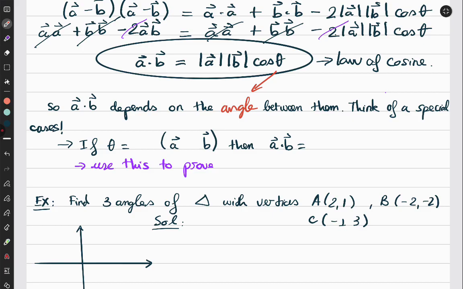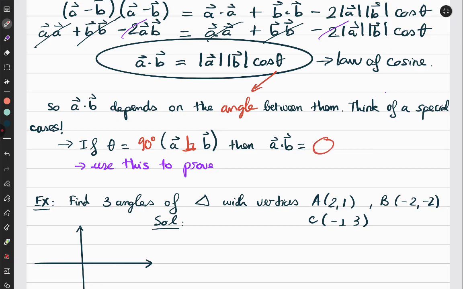If they form a right angle, what happens? Theta is 90, cosine of 90 is 0. They are perpendicular.